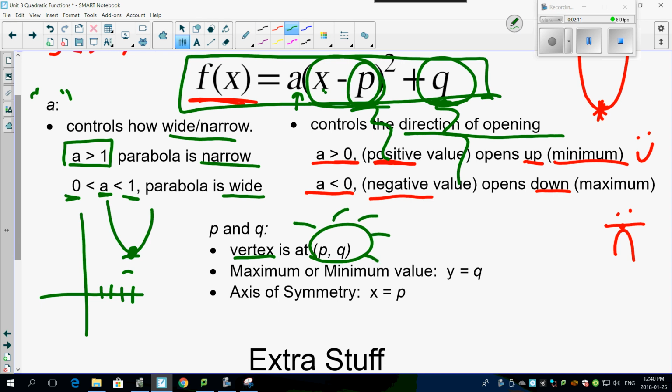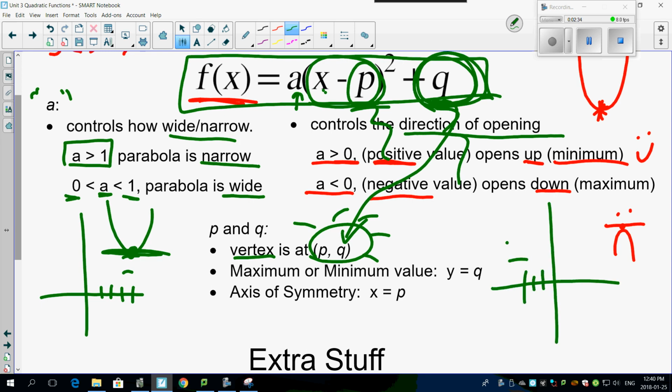This p value, this q value. We have a maximum or minimum determined by, of course, whether it's opening up or down. But the cool thing is our maximum and minimum is right there, our q value, our up-down. There's our minimum in this case. And if we looked at a maximum going this way, and let's say up and down that way like this, look at this.